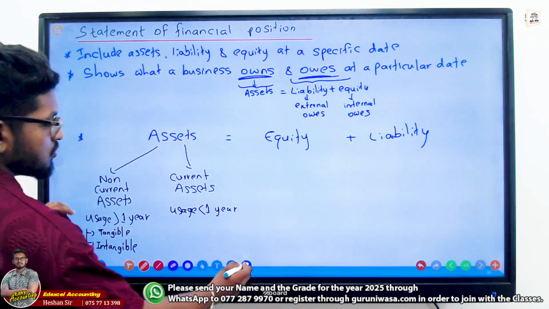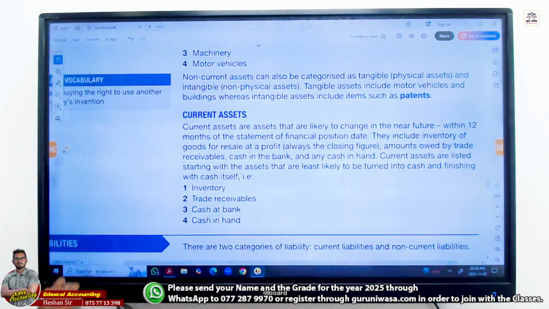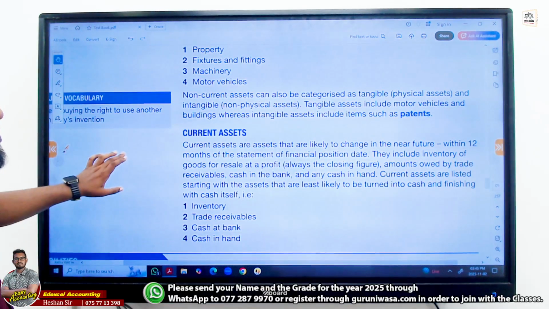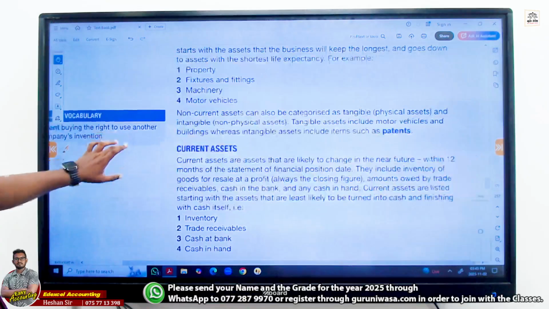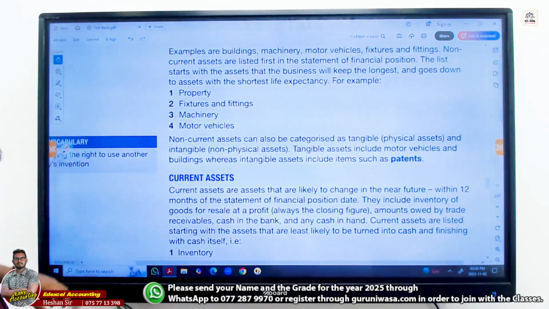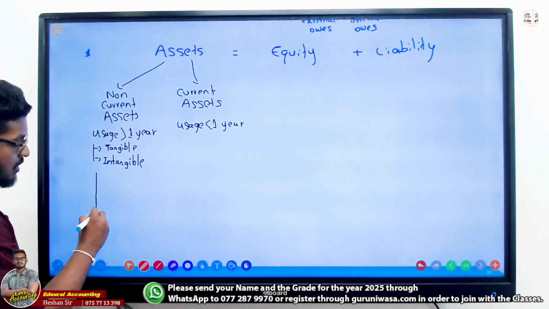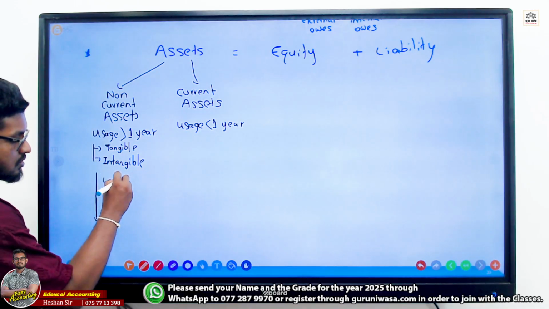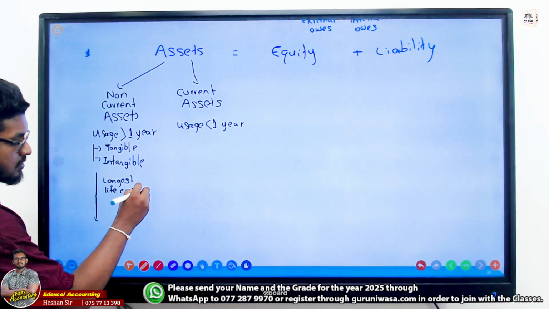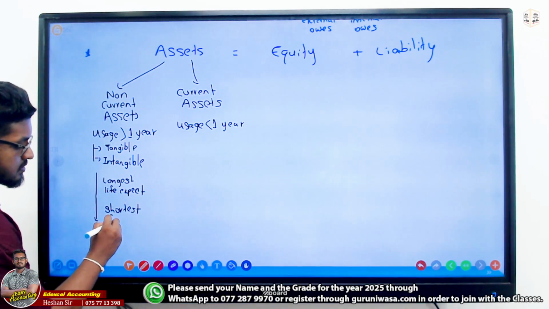So when it comes to assets, I told you we listed from longest to shortest expected life. When we present this, from top to down, first the longest expected life, then we write the shortest expected life.